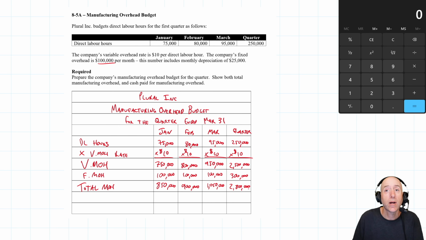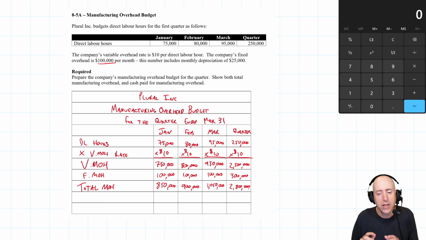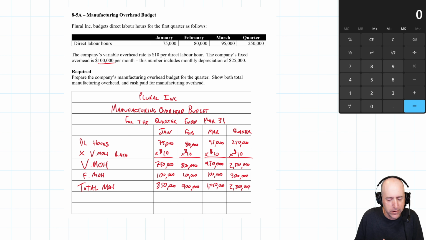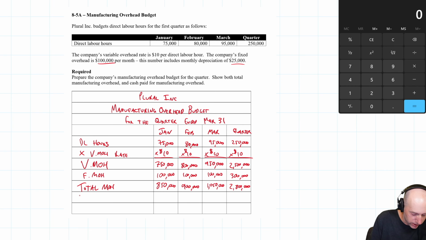But something you're interested in is, is the company going to run out of money? And so you're interested in cash in and cash out. So we've got to figure out how much cash we're expecting to pay out for overhead. And the answer is, it's all these overhead costs minus the depreciation, because depreciation is a non-cash expense. So we deduct depreciation.